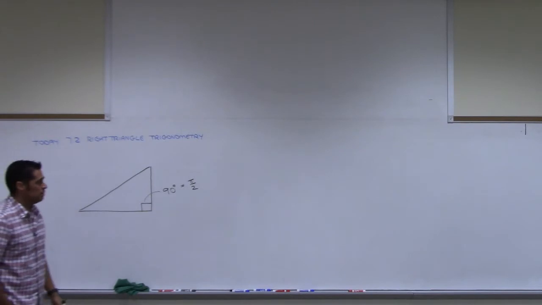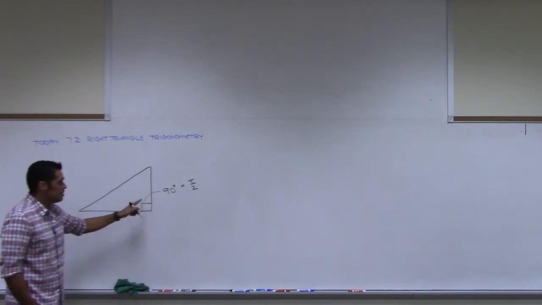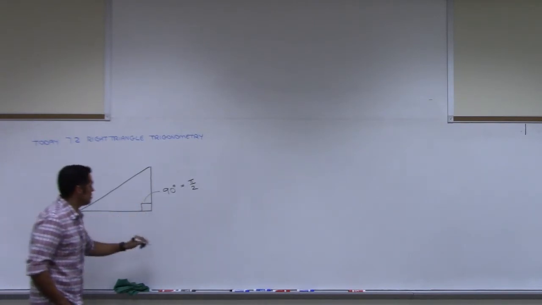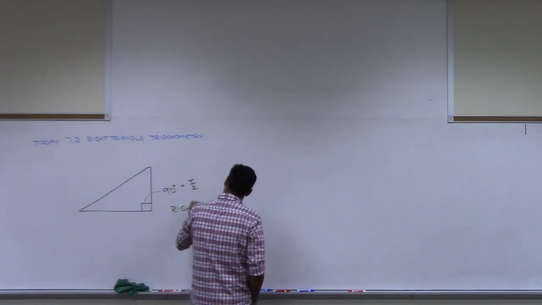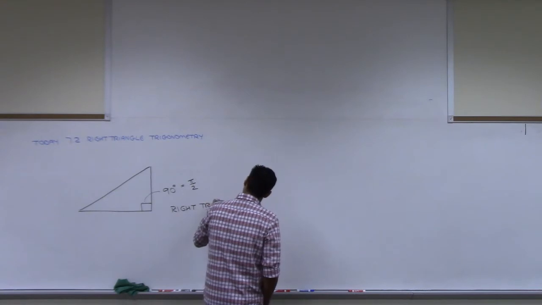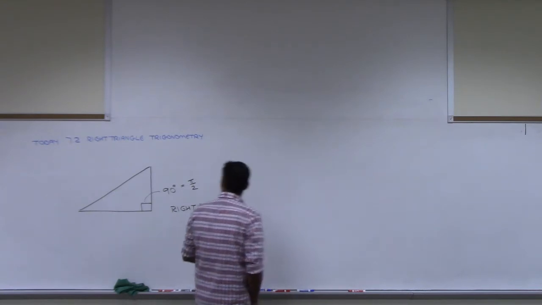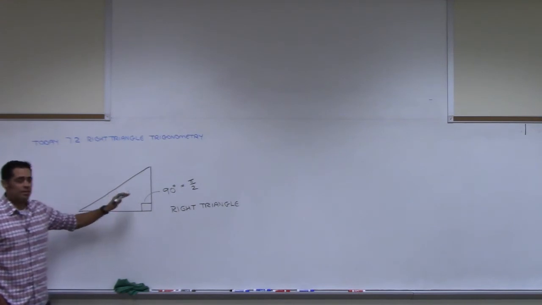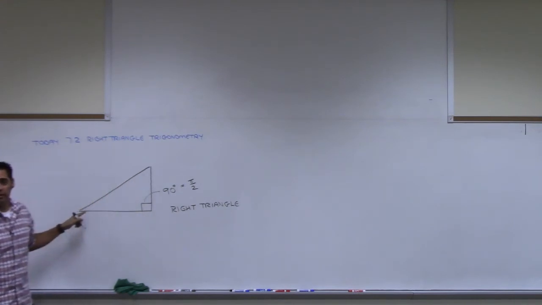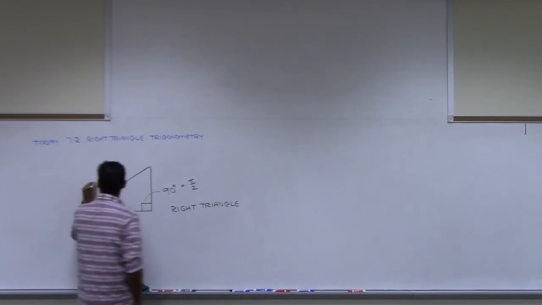All right, so any triangle that has a 90-degree angle in it, this is called a right triangle. For every right triangle, there is a longest side, which we call the hypotenuse.